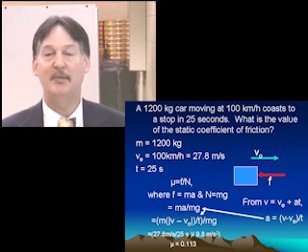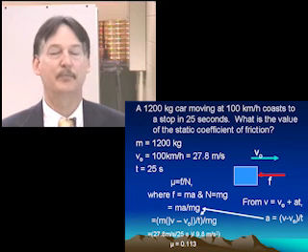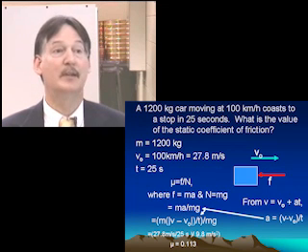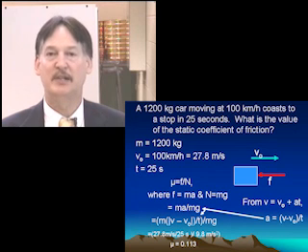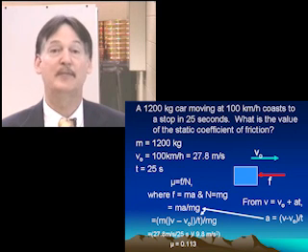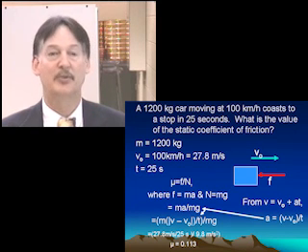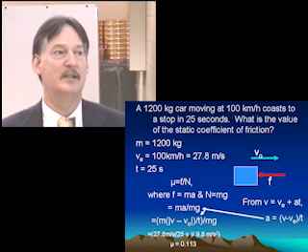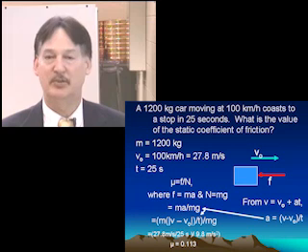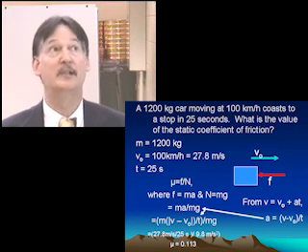We can replace N by mg. Notice the m's cancel out. We can substitute for a, our defining equation for acceleration, which is change in velocity over change in time. Substitute that in for a, and we get an equation symbolically that says the mass times the change in velocity over the time, divided by mg, is mu. And when we plug in our numbers, we find we get 0.113 as our coefficient of static friction in this case.